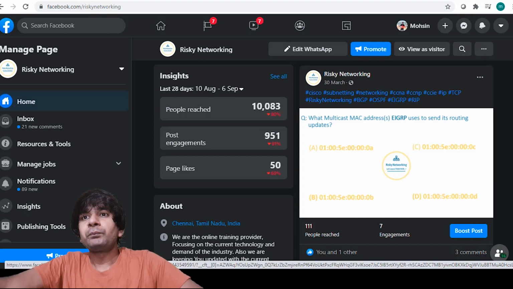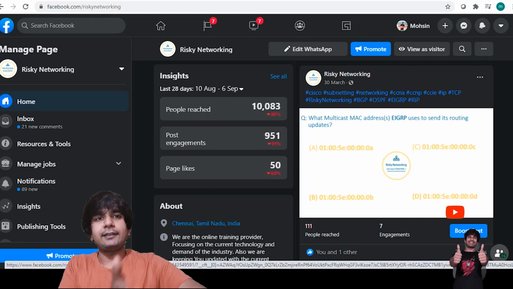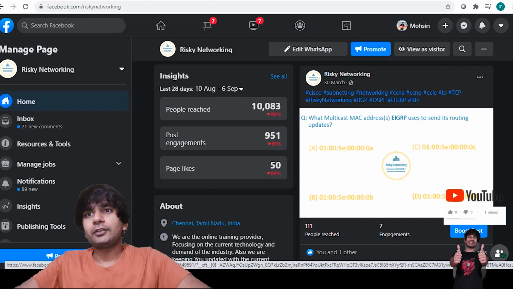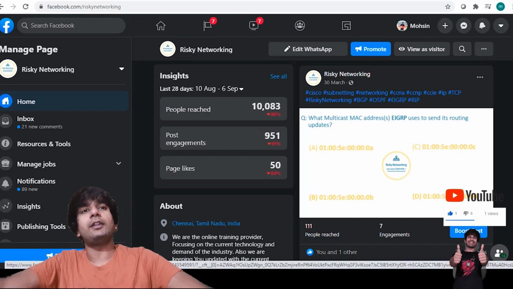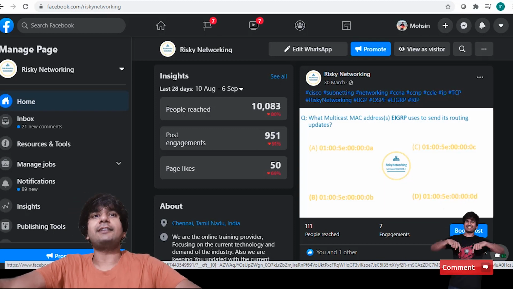So if you are looking at a MAC address and you see the first 6 hexadecimal digits as 01 colon 00 colon 5e, guys, that means that address is a multicast MAC address.